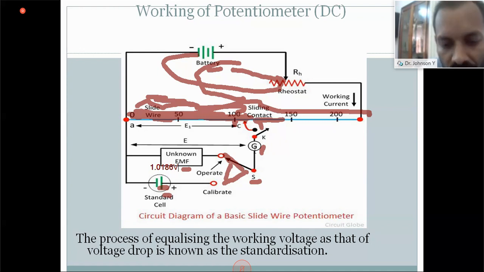How to find the unknown EMF? In the second case, we shift the switch position to the operate side, and the unknown EMF is connected in the circuit.